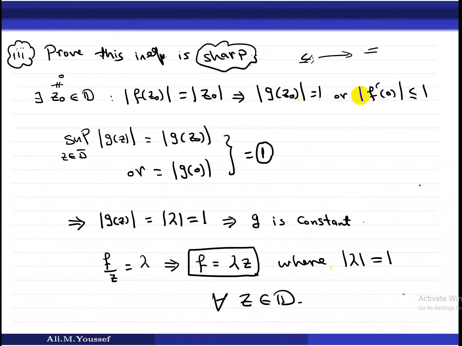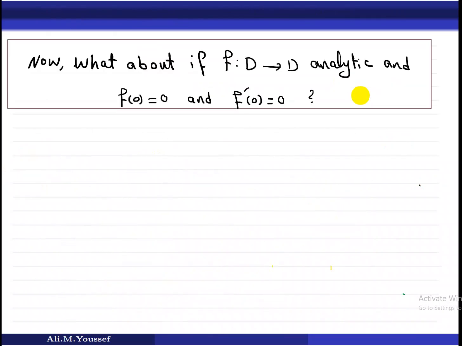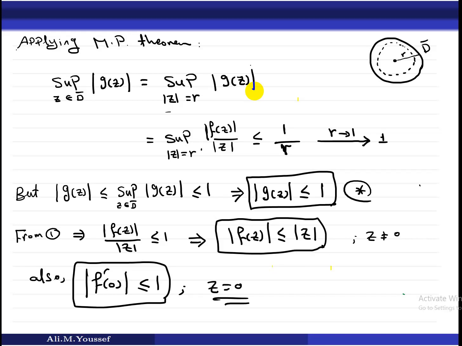What about if we take f as an analytic function, and we have f of 0 equal to 0 and f prime of 0 equal to 0? The same idea and the same things. I'll copy this proof and put it here.